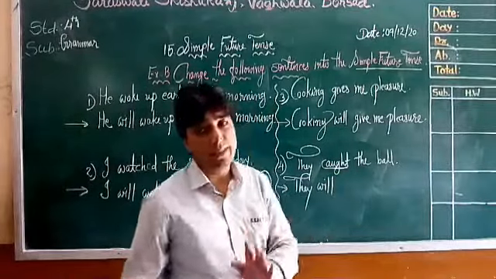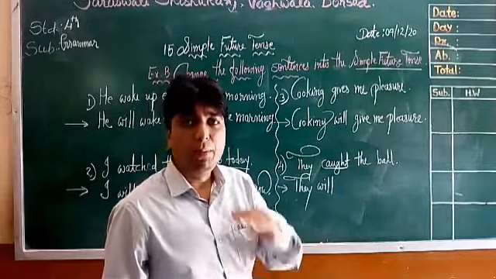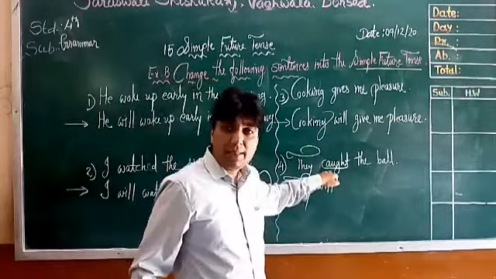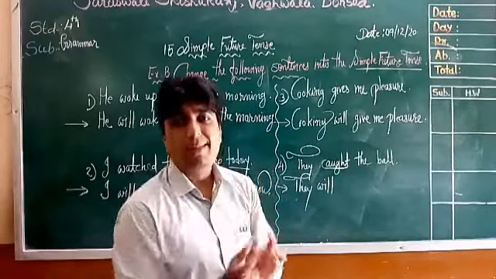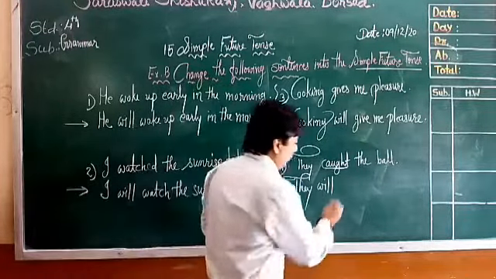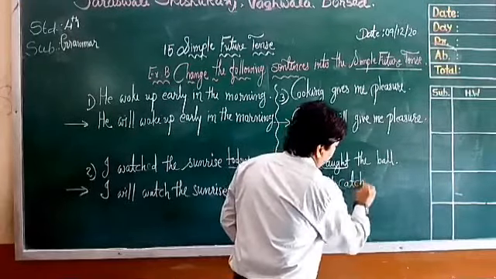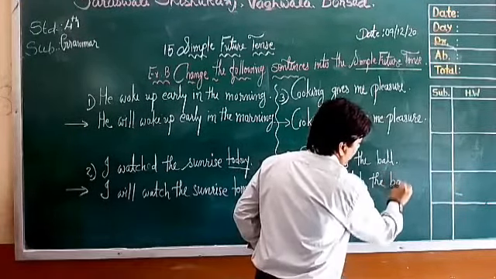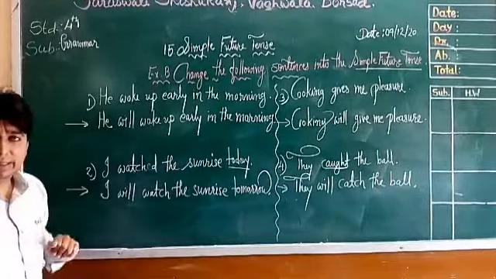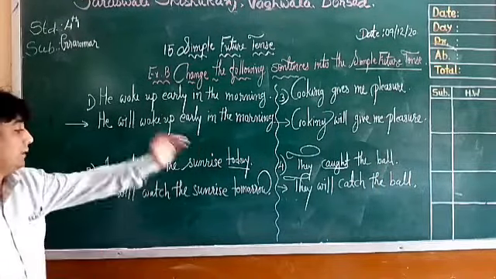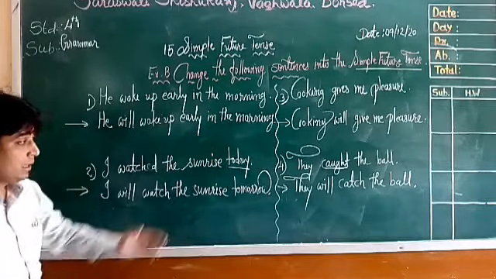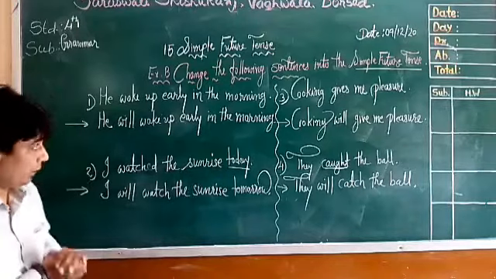And everybody knows it. But we might have forgotten or we might have got confused, right? Caught is the past tense and catch is the present form. So they will catch the ball. Full stop. Say, he will wake up early in the morning. I will watch the sunrise tomorrow. Cooking will give me pleasure. They will catch the ball.